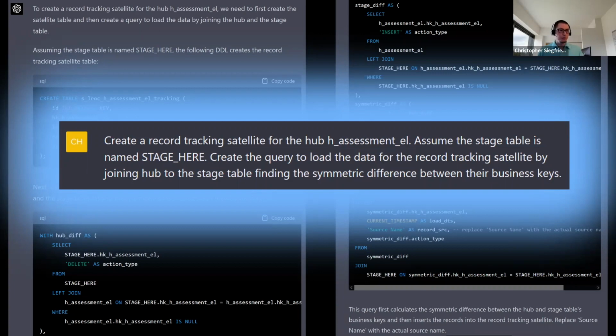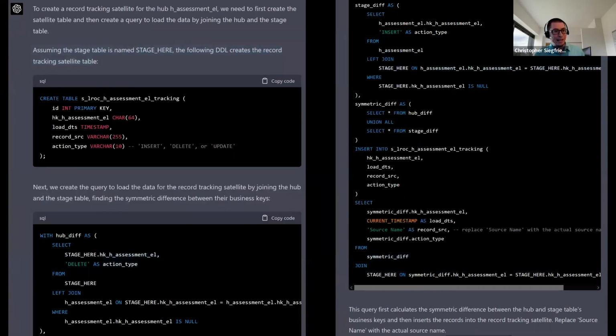Okay, so stage table, set its name stage here. And I said, query it, that's what you should do. Show me how you build it, show me how you query it. Give that a click, please. And it does again. It goes ahead and it creates the record tracking satellite, and it creates the information needed to load up everything about that. It checks the stage table, compares it to the satellite, or hub, sorry, in this case, and it returns that information.